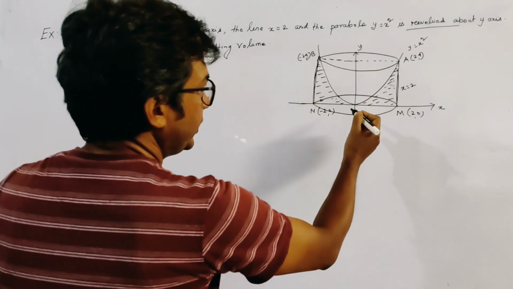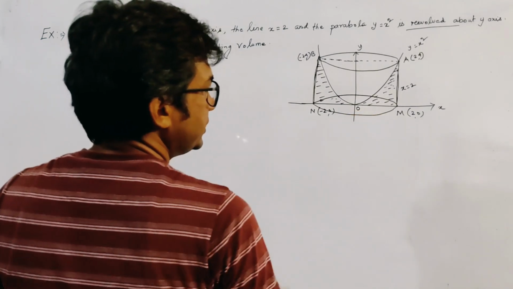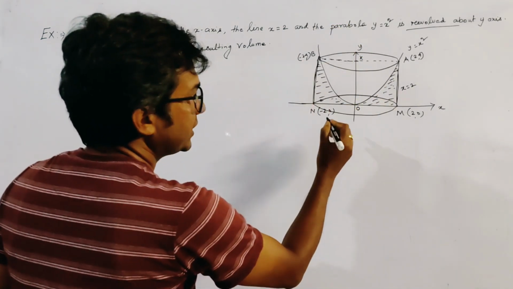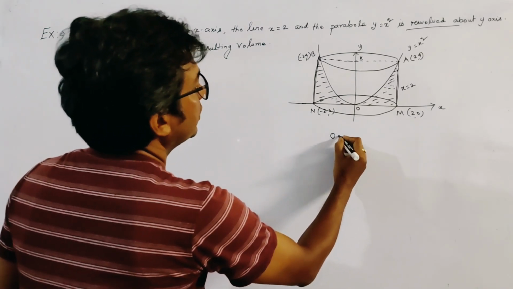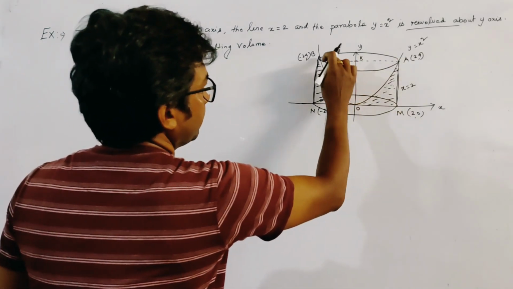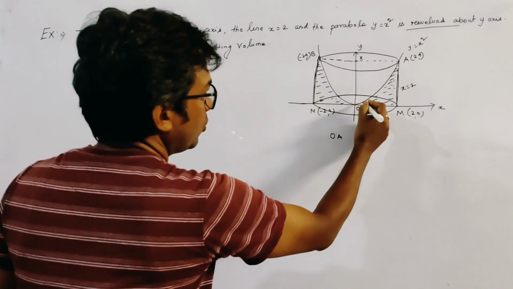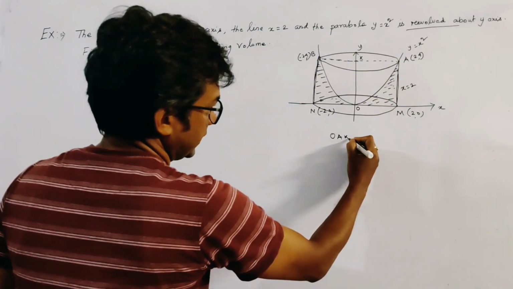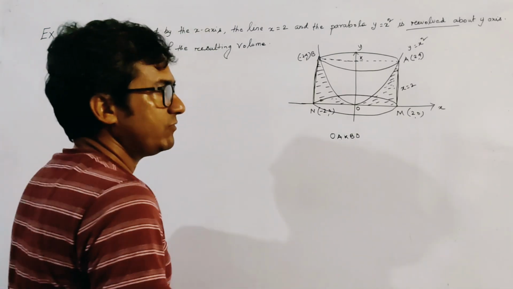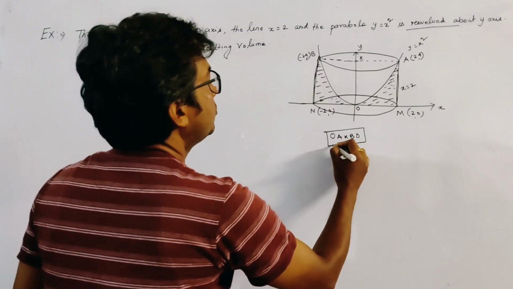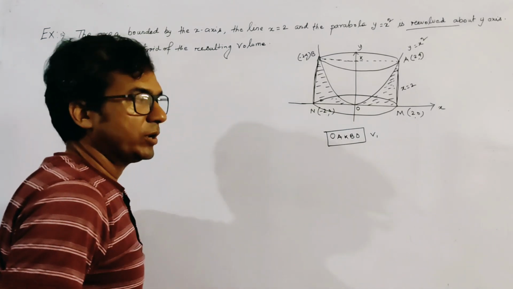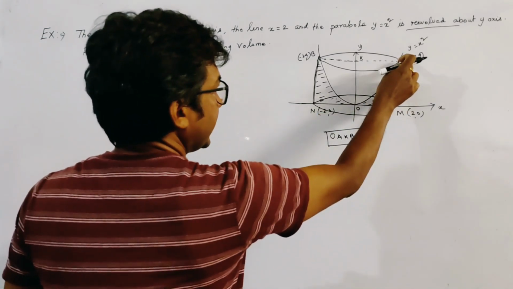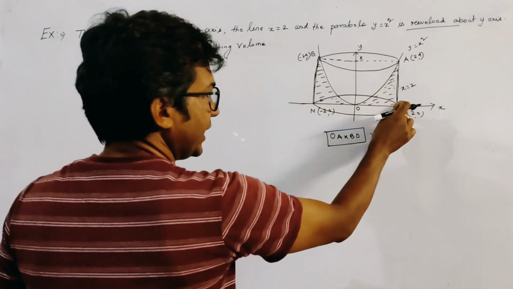The first body, let the point on the y-axis be K. So the first volume is given by OAKBO. This is the first body. Let its volume be V1. And we let the whole body be MABNM.